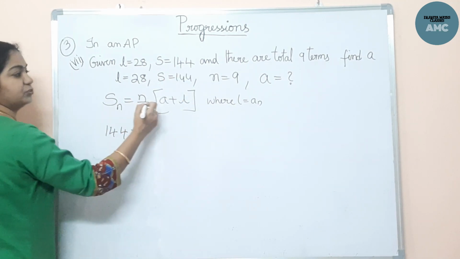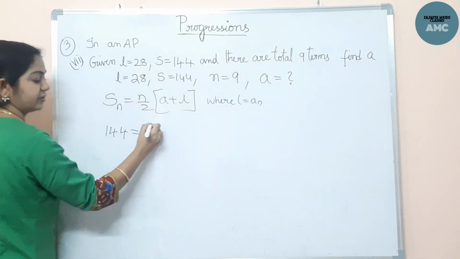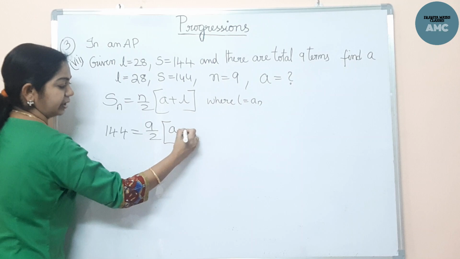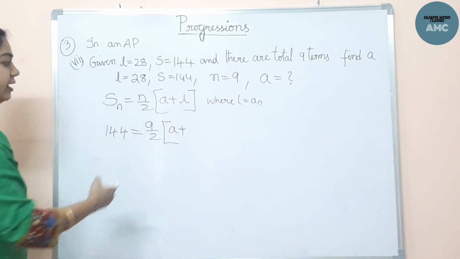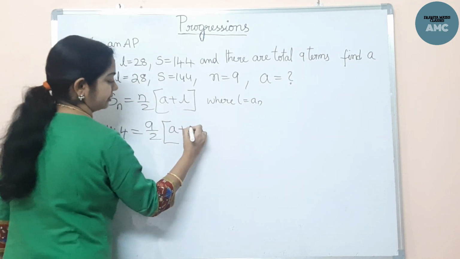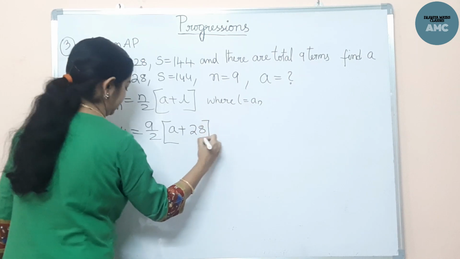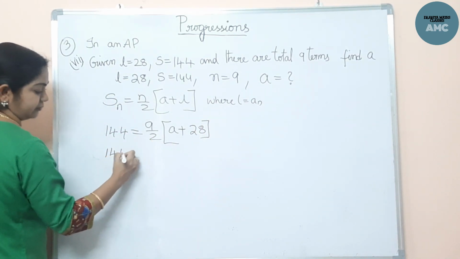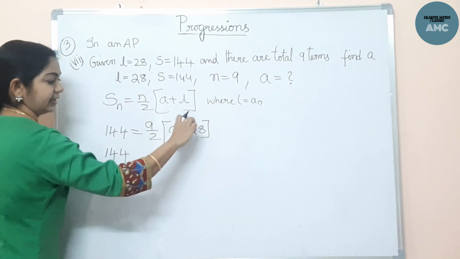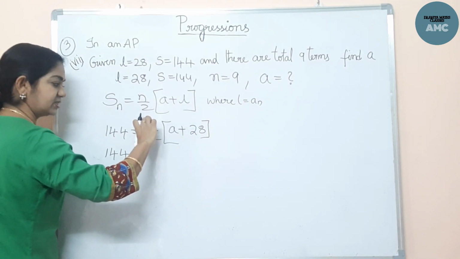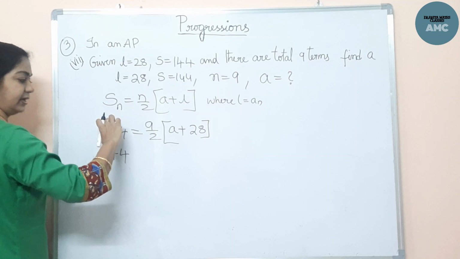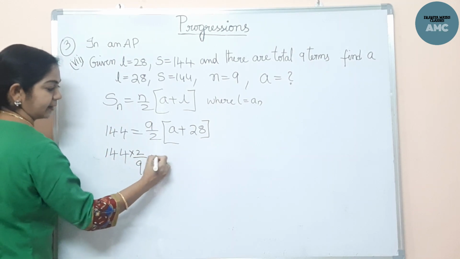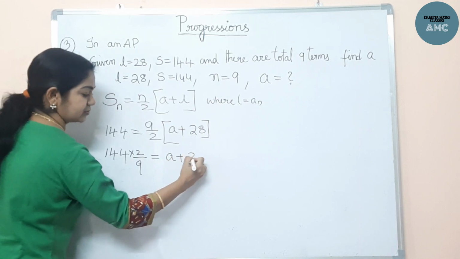And n by 2, the n value is 9, so 9 by 2, the first term we don't know, A, that we need to find, and L, the nth term, is 28. Now from this, if you shift this fraction to this side, it becomes the reciprocal, that is 2 by 9. Now here simply A plus 28.